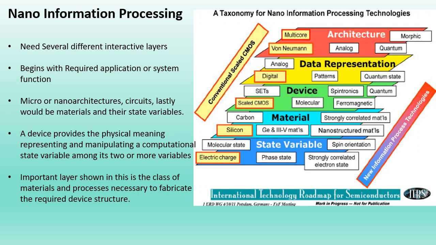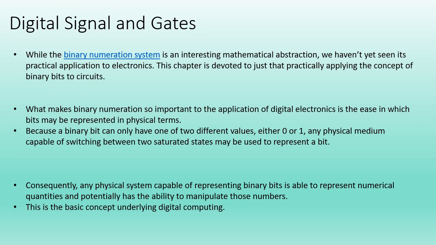We'll move to the next topic of this lecture, which is digital signal and gates. The binary numbering system is a mathematical idea, but here we see how it applies to electronics. Binary is useful because it is easy to represent using physical systems.